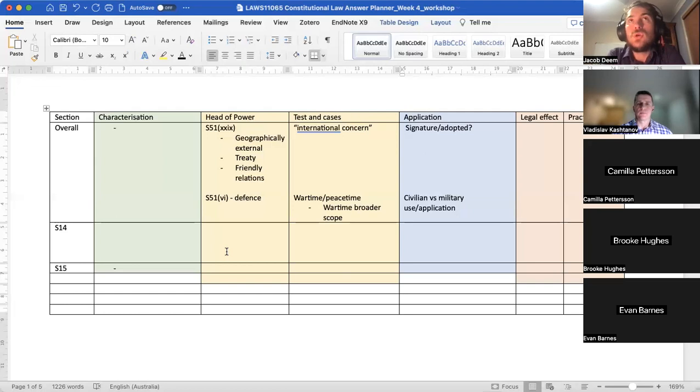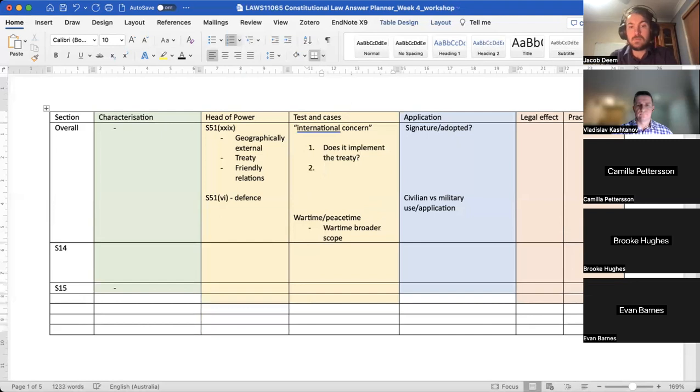What are some of the interesting ideas that we should be picking up from the Tasmanian Dams case about the use of implementing a treaty as falling under the External Affairs Head of Power? Whether Australia tries to implement this convention. Yep. So does it implement the treaty? And what else?